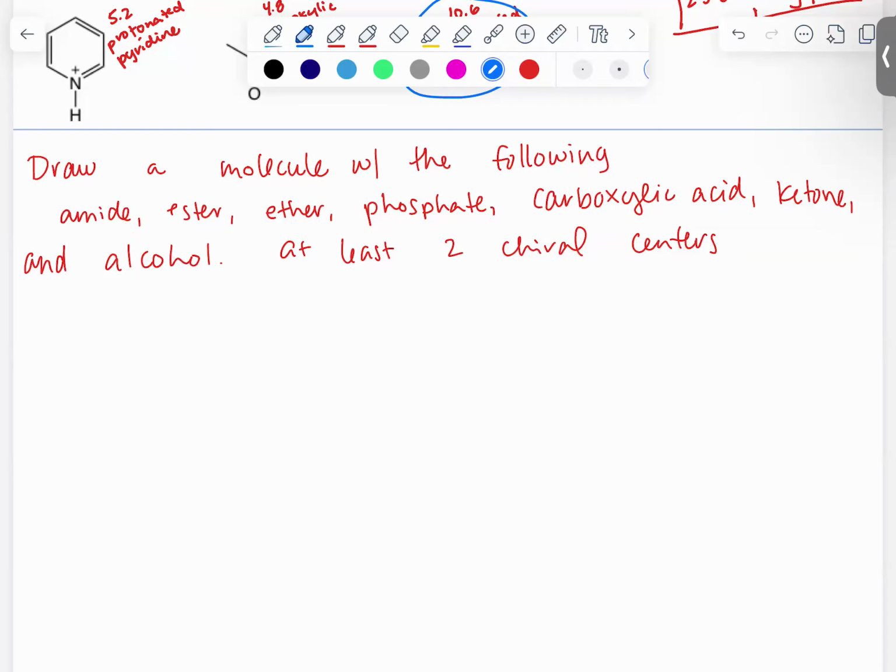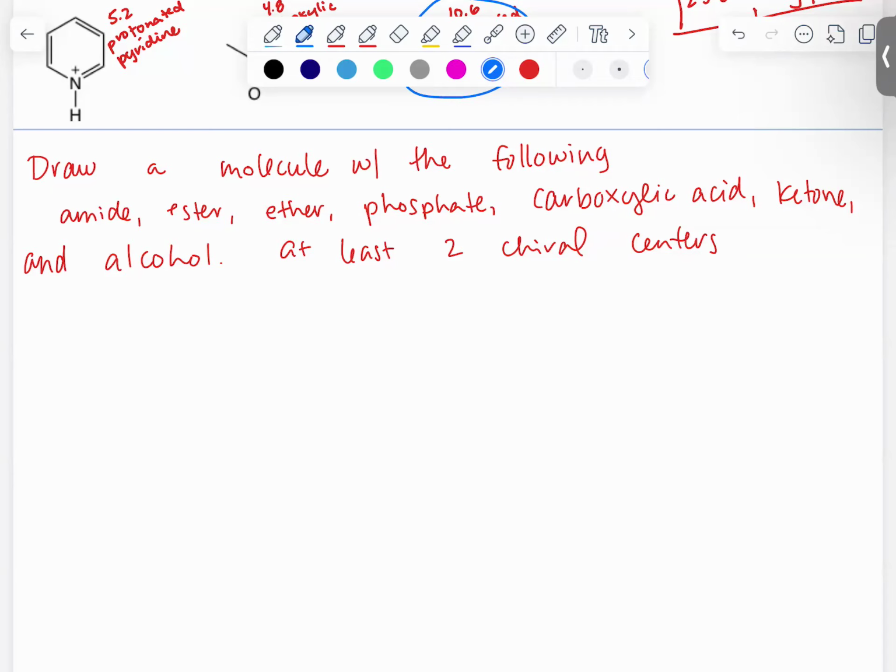Are you ready to come draw yours? Oh, you got the list of functional groups and you're going for it. I'm looking at the pKa chart. Okay. That is allowed. Looking at the pKa charts.